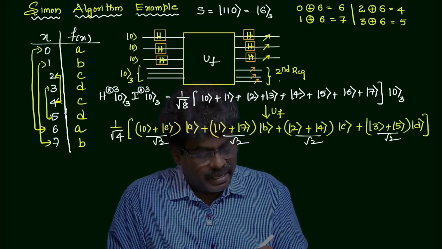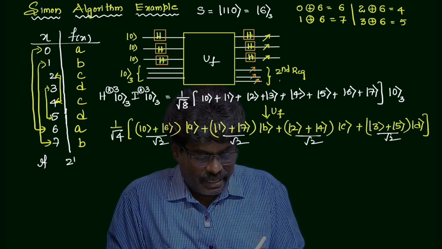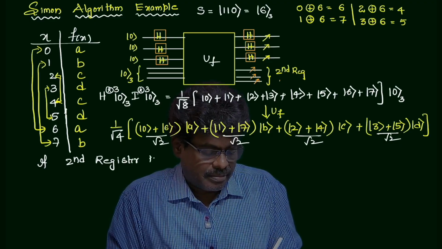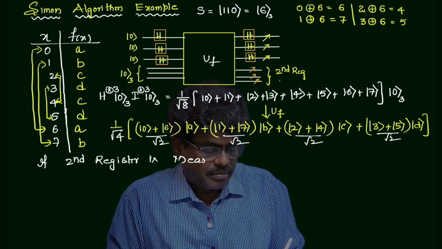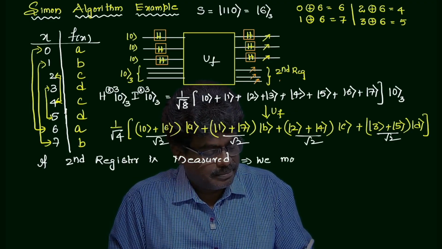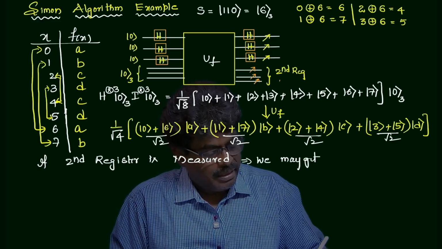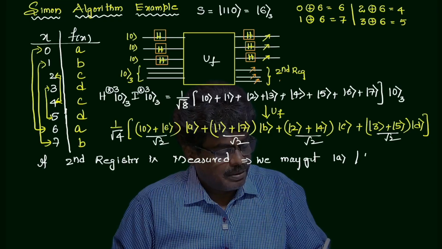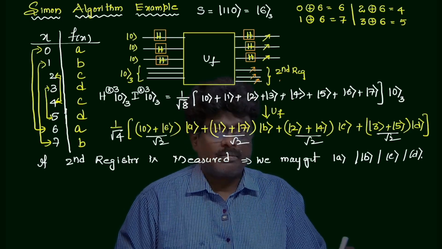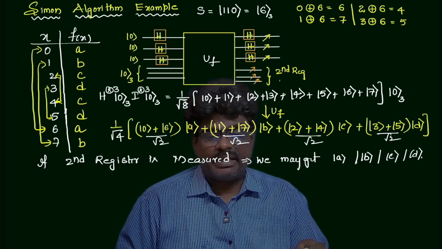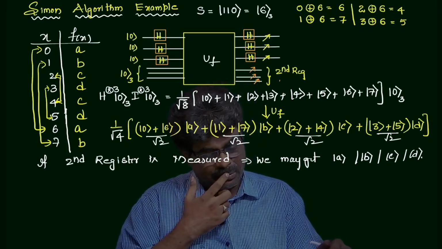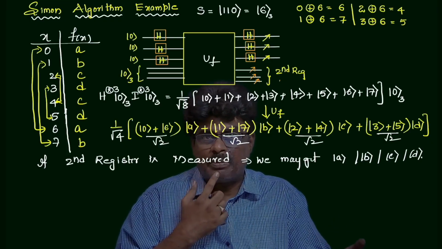So if the second register is measured, we may get either A or B or C or D, any value. I will do it for any two, and the rest of the two you please try.